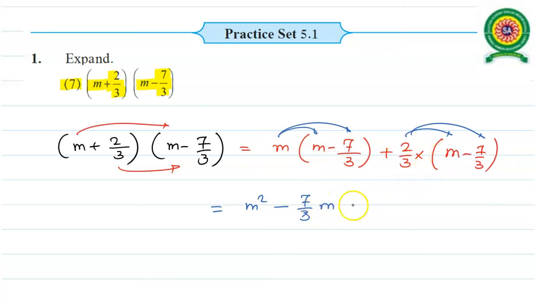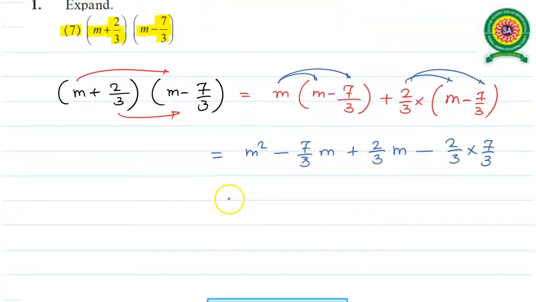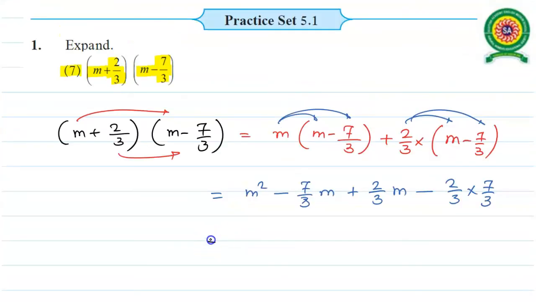Then plus plus as a plus, 2 by 3 into m as 2 by 3 times m. Plus minus we have a minus, we are getting 2 by 3 into 7 by 3. Try to simplify it. We have now m square as it is. Now look at once.